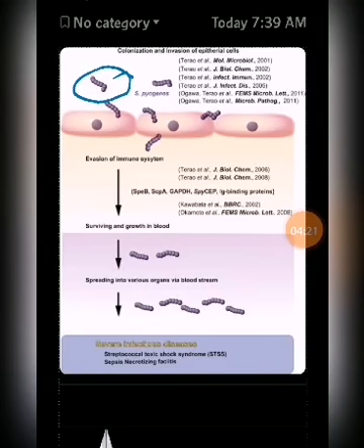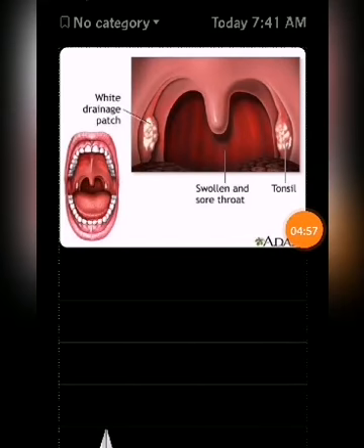This is Streptococcus pyogenes. It invades the mucosa, inhibits the immune system, and can survive and grow in the blood. Then it spreads to the various organs where the blood flows, so these bacteria can be transferred to the whole body through the bloodstream.